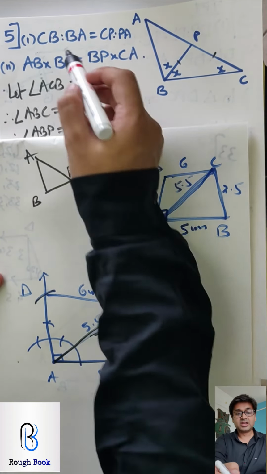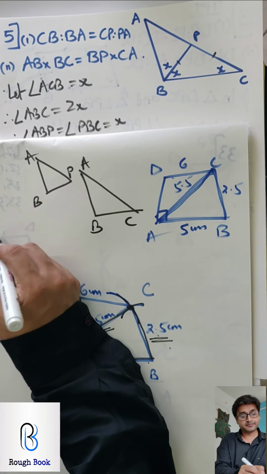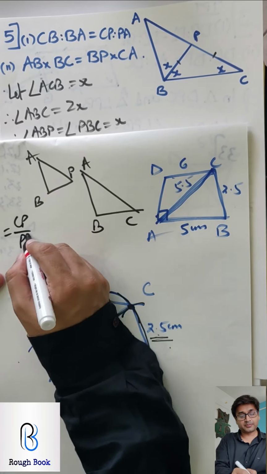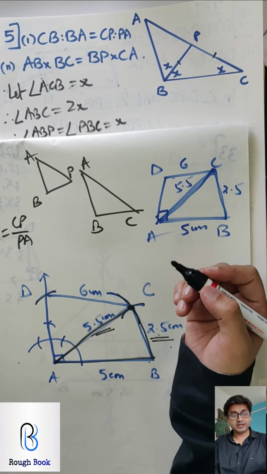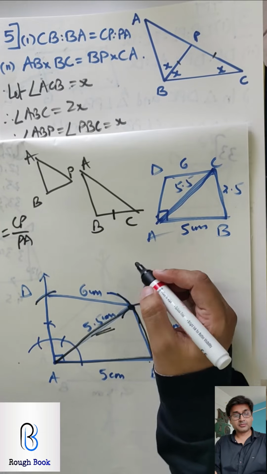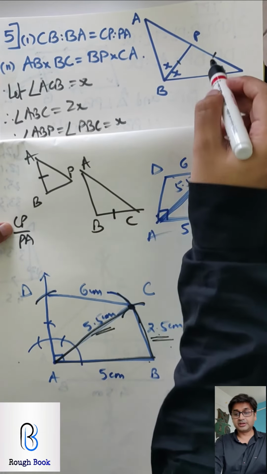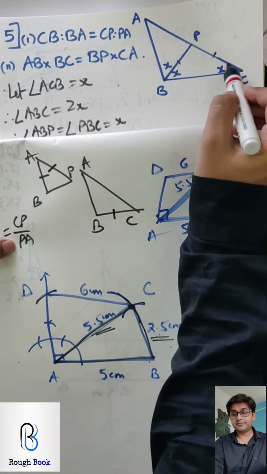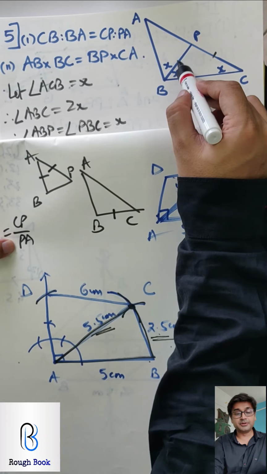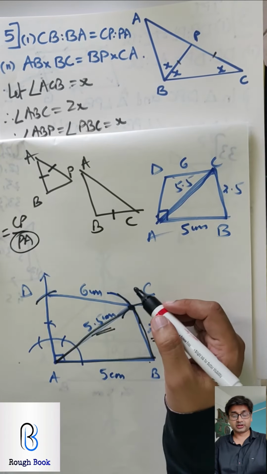Why these two triangles? So first let's analyze this. CB upon BA is equal to CP upon PA. This is what you have to prove. CB is here, BA, CP, CP is here and PA. CP can also be written as BP, remember that. So BP can be a big clue for us.